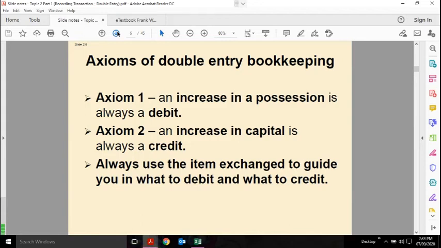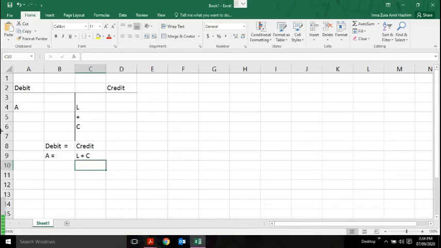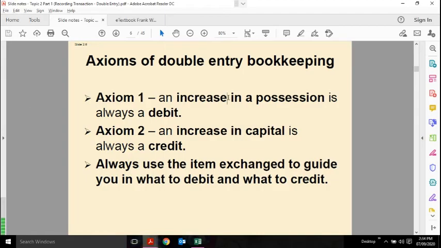Okay, now axiom one. Whenever there's an increase in a possession, it's always a debit. See, increase in a possession. Possession means something that you own, right? For example, assets. Assets are the resources of the business. Asset is the company's possession. So whenever there's an increase, you look at the one in bold here.